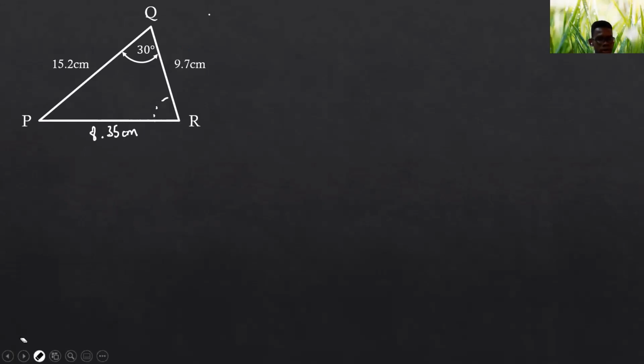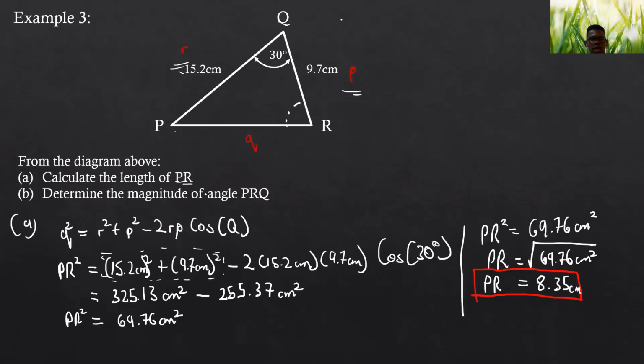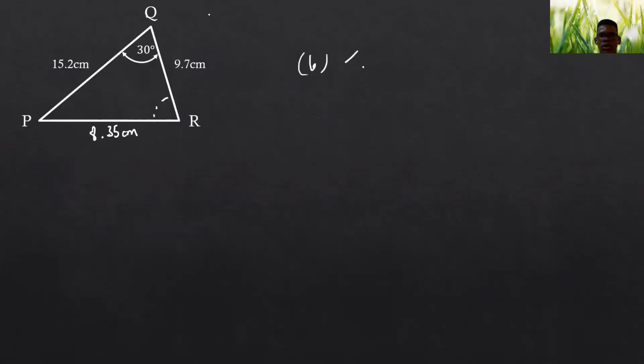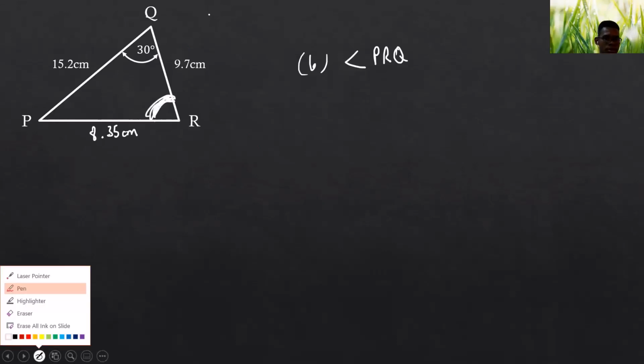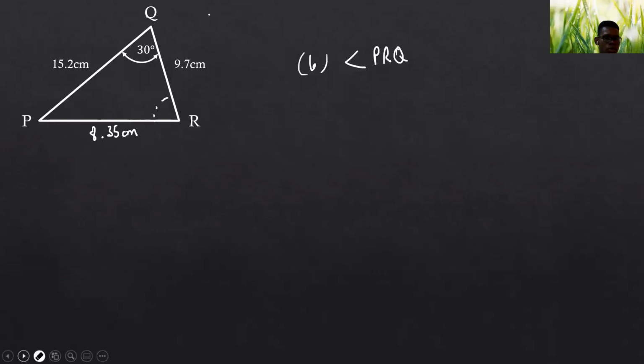Part B is asking us to determine the magnitude of angle PRQ. Luckily for us, PRQ is already marked off a bit, that's this angle here. Now, this is the angle we want.